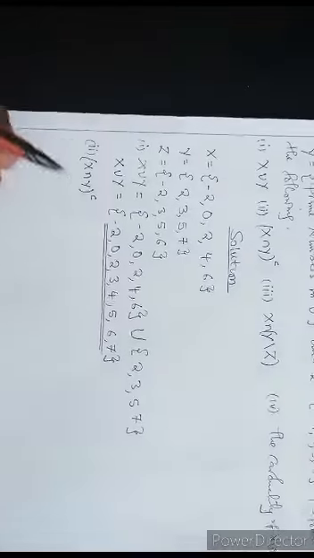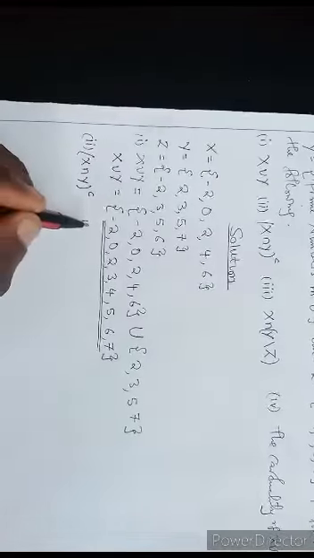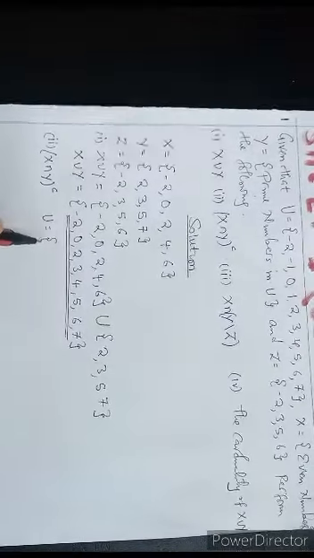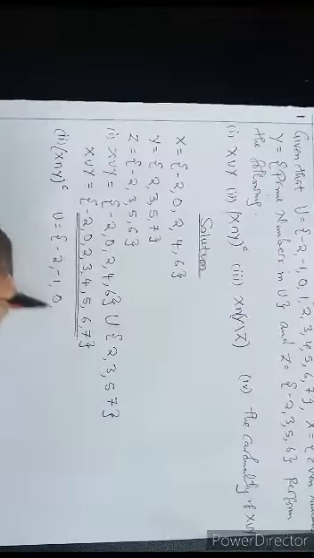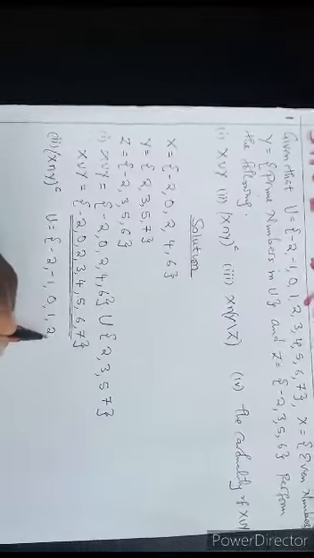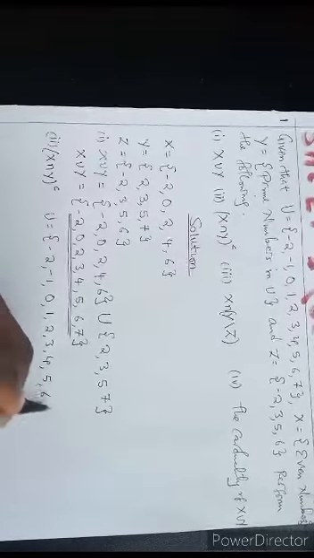So we can start by listing the universal first. So the universal is -2, -1, 0, 1, 2, 3, 4, 5, 6, and 7.